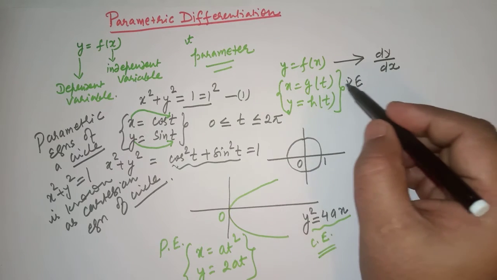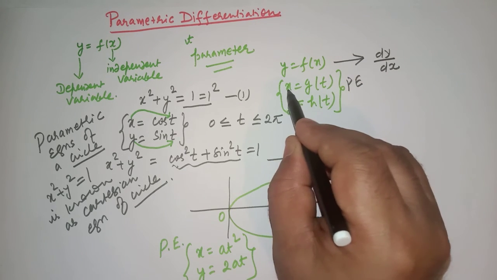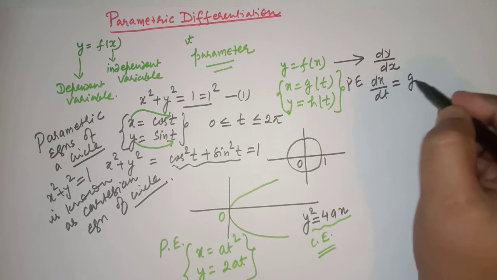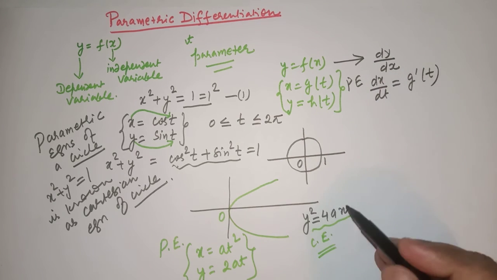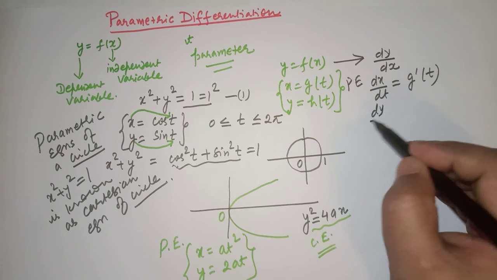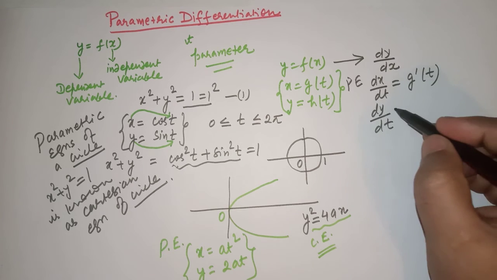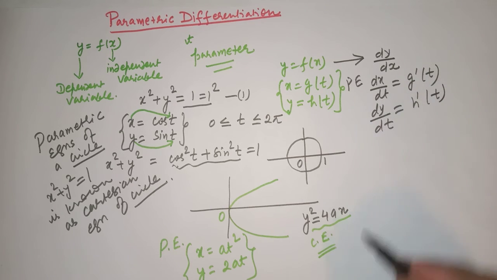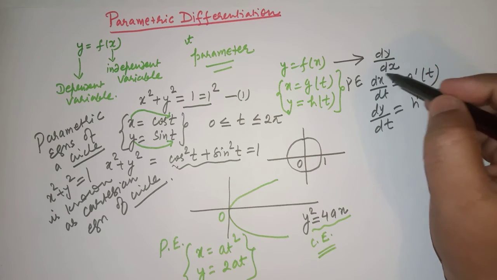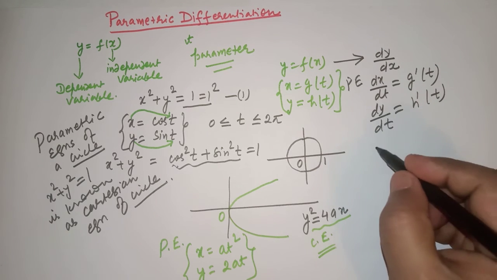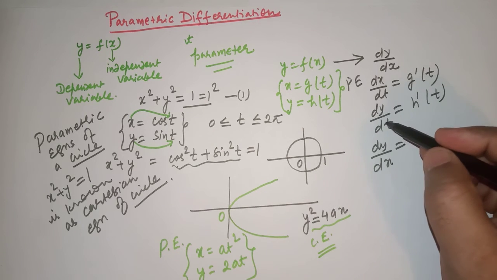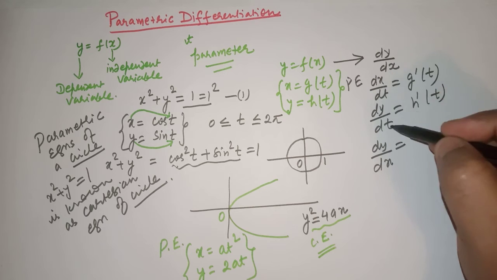So in that case, what we will do, we will first differentiate x with respect to t, and we get g prime of t. Similarly, we differentiate y with respect to t, and we get h prime of t. Now, in order to find this derivative dy over dx, we will divide these two.